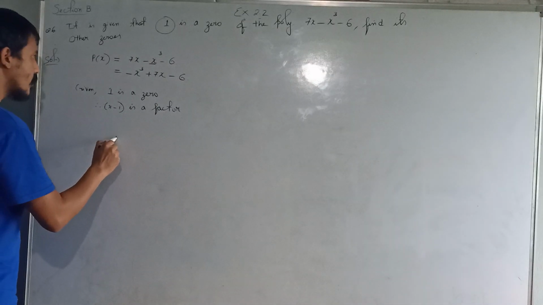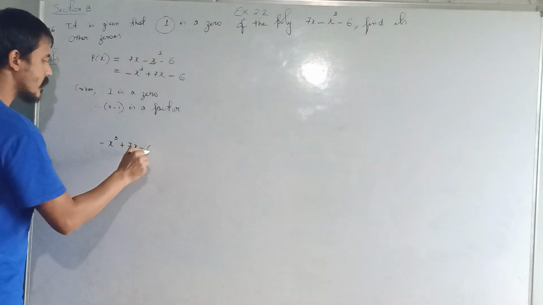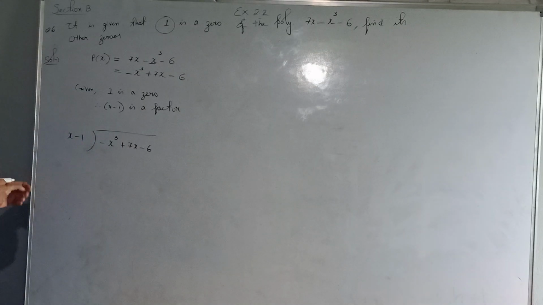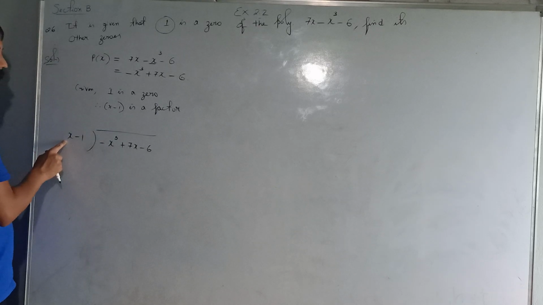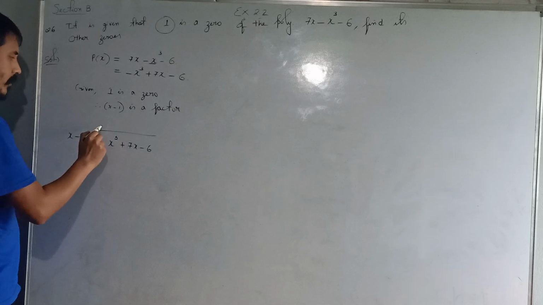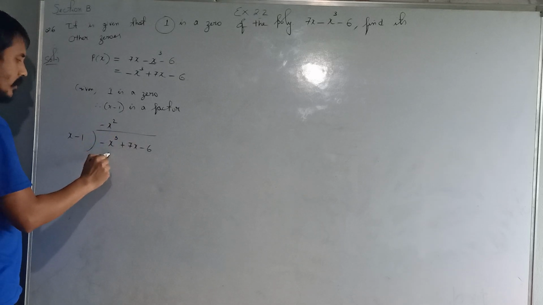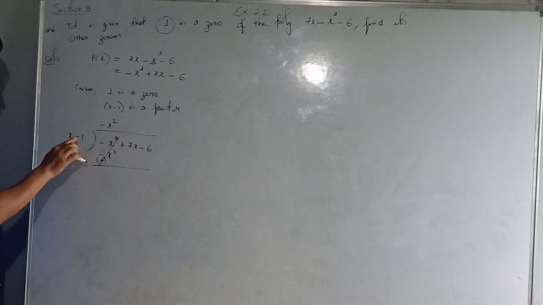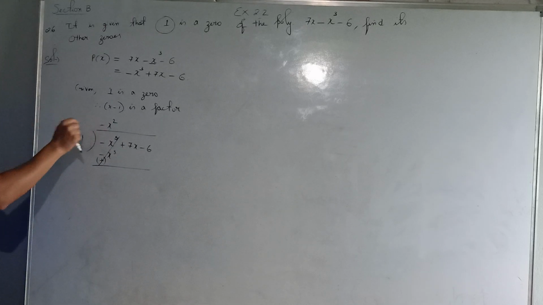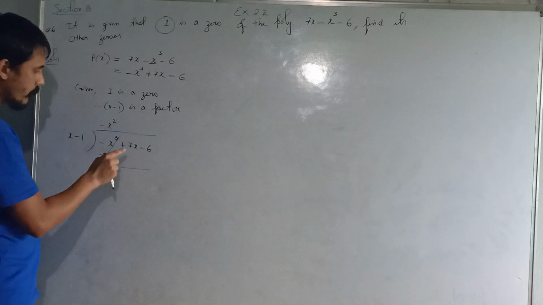So minus x cubed plus 7x minus 6 has to be divided by x minus 1. Always make the first term equal. x multiplied with which term gives you minus x cubed? Minus x squared gives you minus x cubed. Change the sign. Now, minus 1 times minus x squared gives plus x squared.